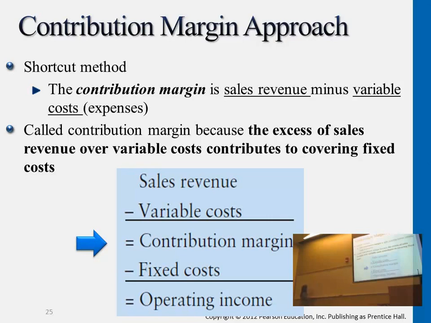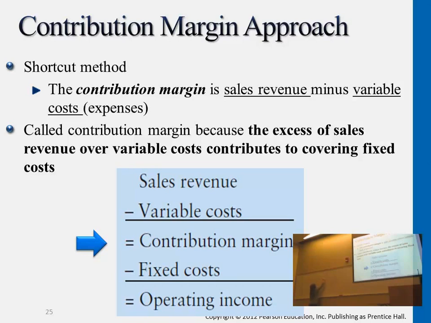So if you go back to this equation earlier, can you tell me which portion looks like contribution margin? The difference between sales and variable costs. So really it is this first part of the equation. Okay, the difference between sales revenue and variable cost, we call it contribution margin.